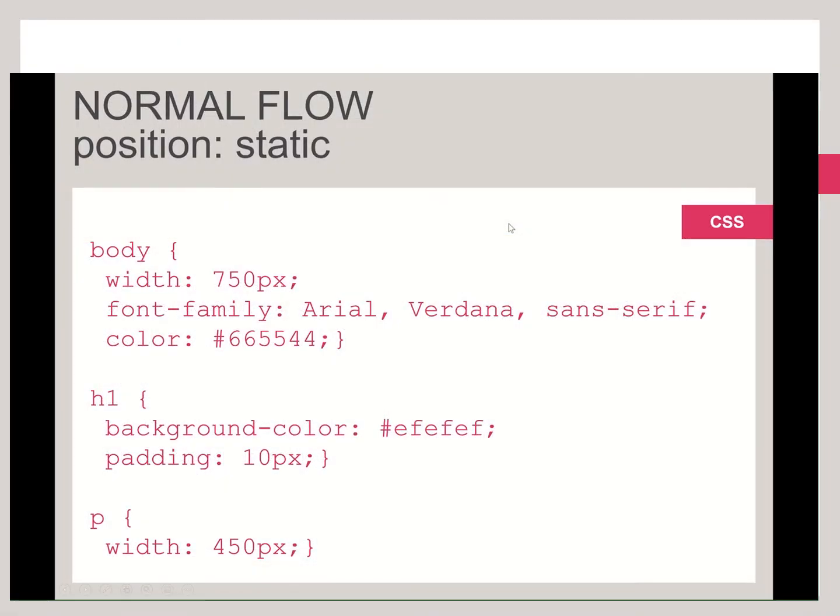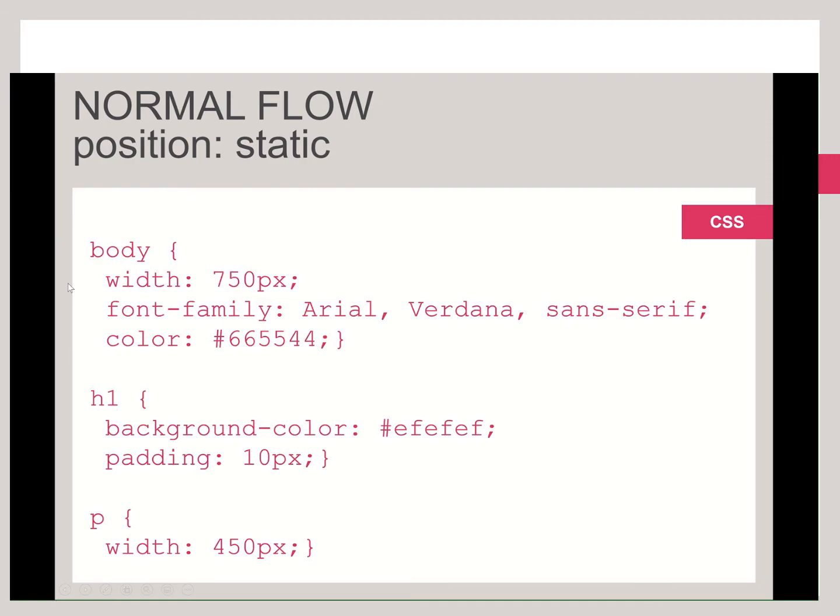So let's continue with the implementation. That means basically the set of properties and the values. The first one is about the normal flow. If you don't do anything, it will use this normal flow. If you want to set it in an explicit way, then you need to use the position property with the static value. For example, here we don't do anything, with the heading and the paragraph.